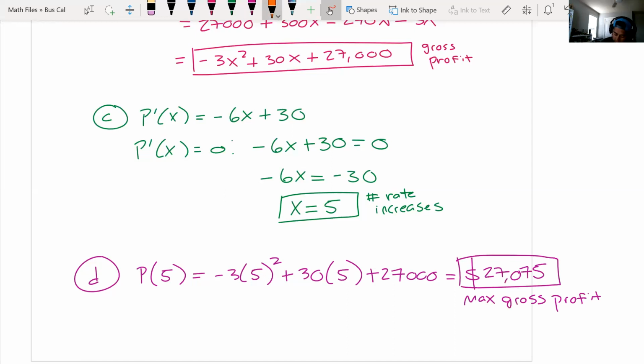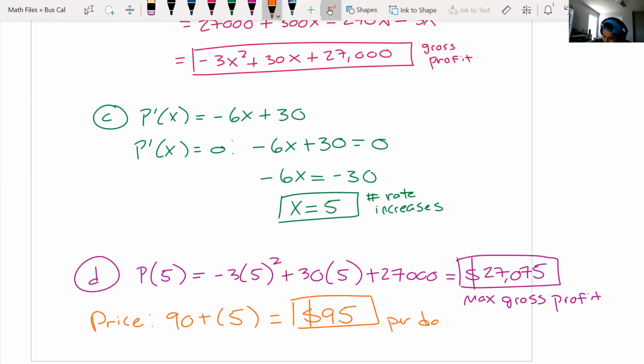And then the price or rate of rooms was 90 plus X. So 90 plus 5 is $95 per day for their room.